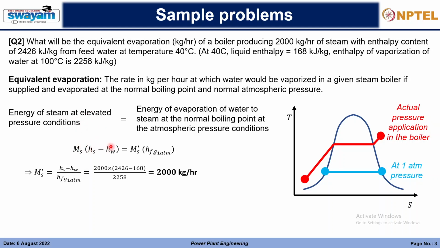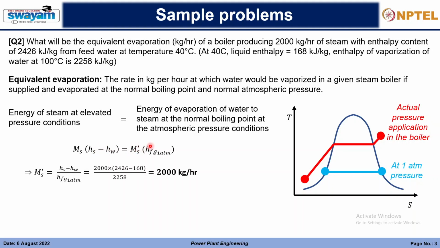This is hs minus hw. Hs is the enthalpy of the steam, so we are given the enthalpy of the steam is 2426, and the enthalpy of the feed water, so the feed water is coming at 40 degrees Celsius. The feed water liquid enthalpy is given as 168 kilojoule per kg. So that would be the energy of steam at elevated pressure conditions inside the boiler.